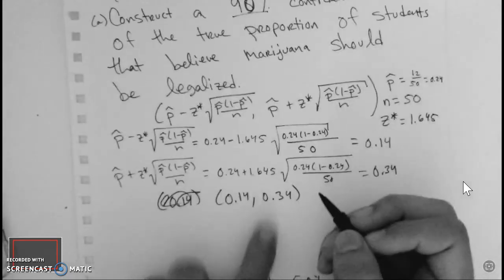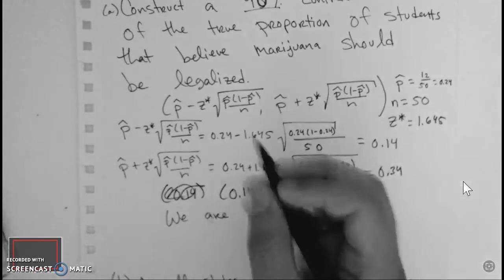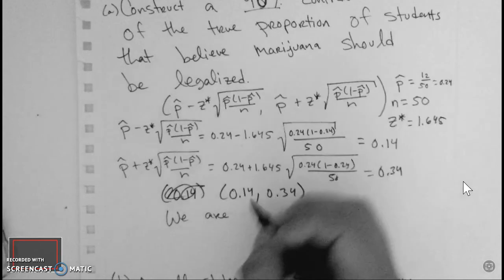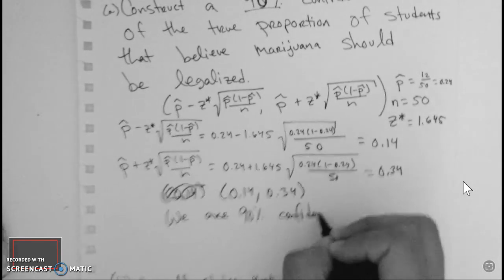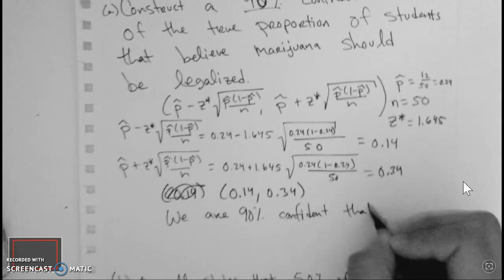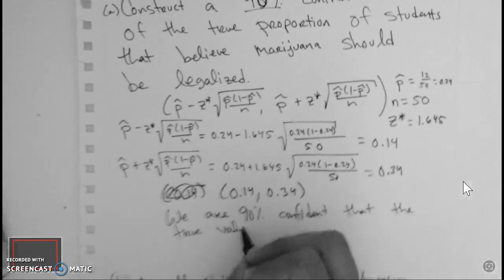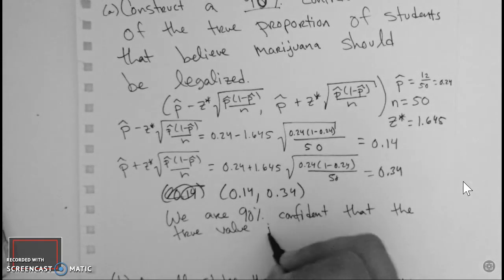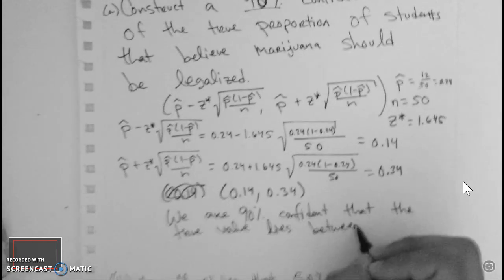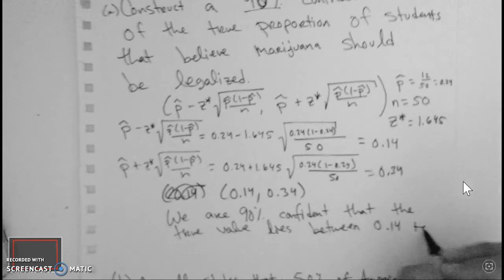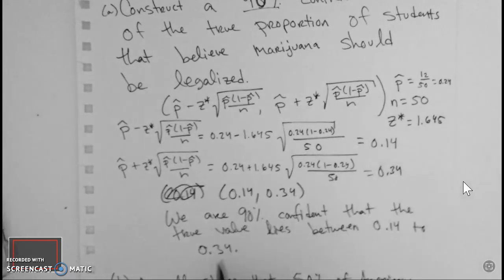What we can say here is that we are 90% confident that the true value lies between 0.14 and 0.34, so between 14% and 34%.